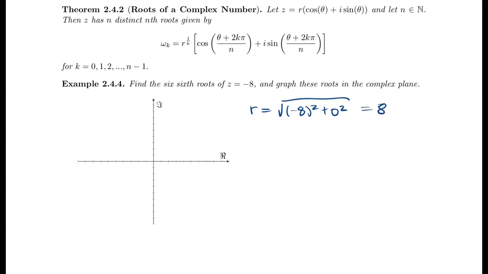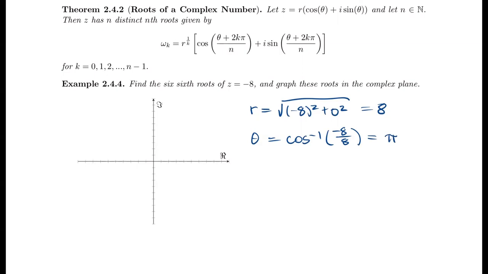That is just going to give me 8. And that means theta, well, I can't use tan inverse now, but I can use one of the other trig ratios that could help. So I could use cos inverse of the x here, which is negative 8, divided by 8. That's going to give me negative 1, which is also the same as pi.